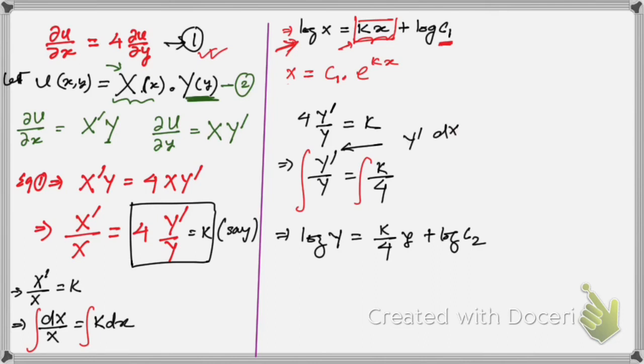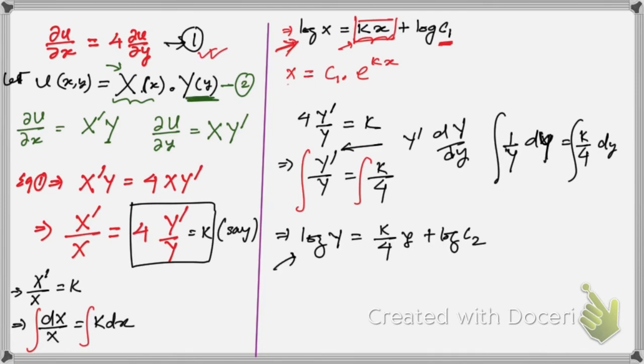Y dash is nothing but the derivative of capital Y with respect to y. If you use this in this equation, then it becomes of this form: 1 by Y dY is equal to k by 4 dy, and integrating this you will get this result, right? So hope you have understood this.